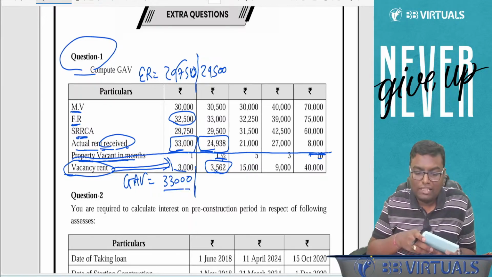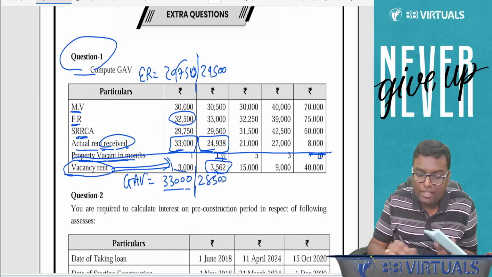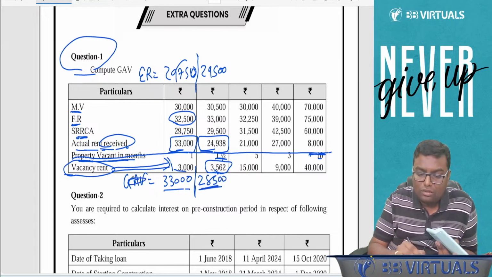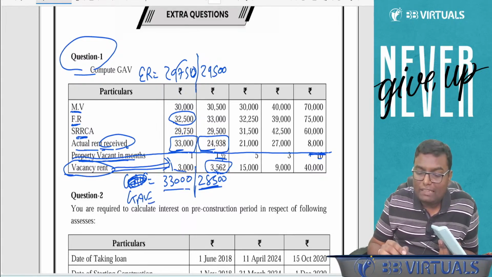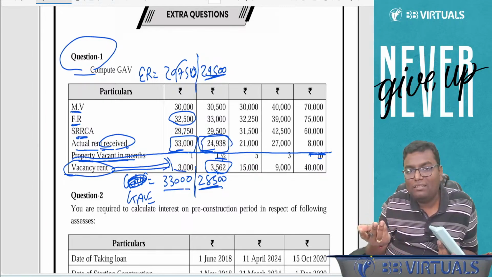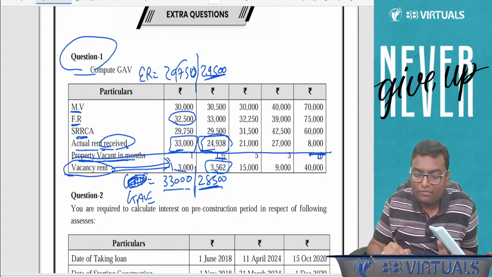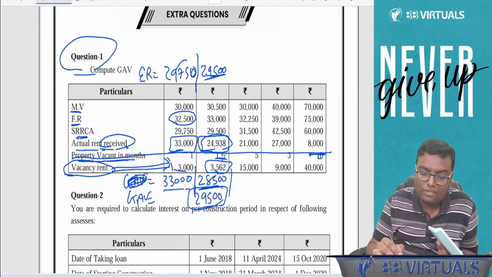So 24,938 plus 3562, can I say it will be 28,500? Now this is 28,500. Can I say at this time also it was less than expected rent? So government will not give me any kind of concession. What will be my GAV? Expected rent, and that will be 29,500.